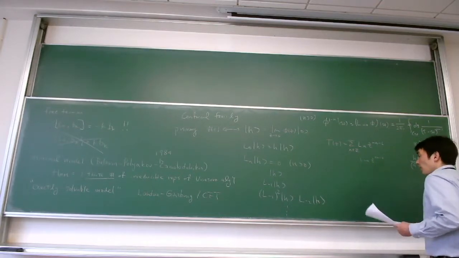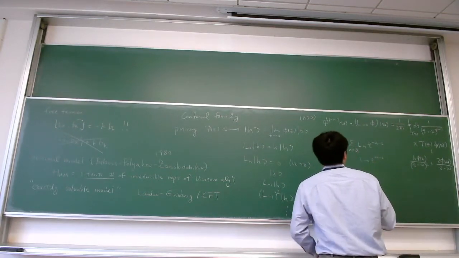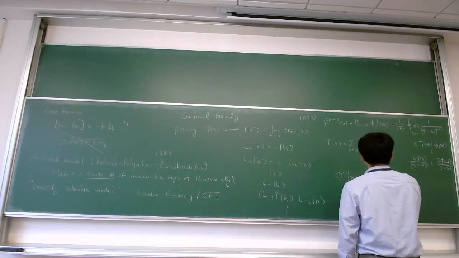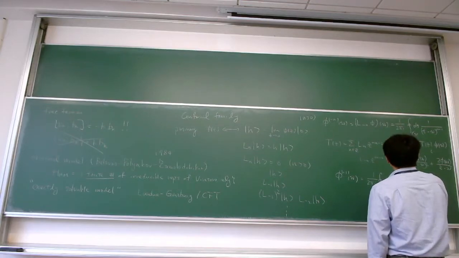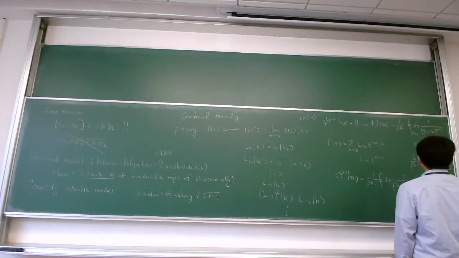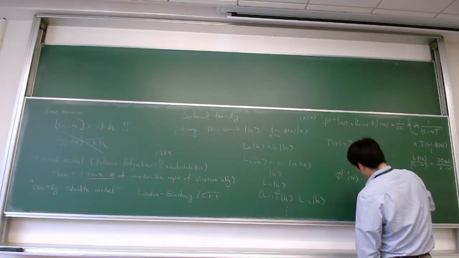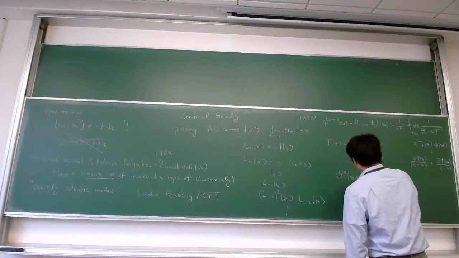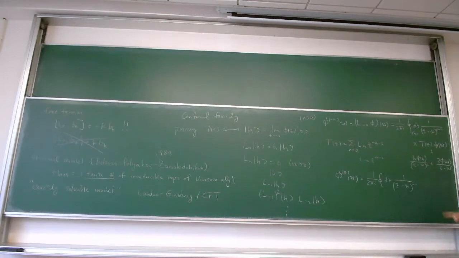So then, for instance, phi minus 1 of w is indeed given by 1 over 2 pi i contour integral dz, 1 over z minus w. Oh, it's okay, sorry. What am I doing? Sorry, my brain is not working. So w, 0 minus 1, okay. Minus 1, which means times z minus w, sorry.